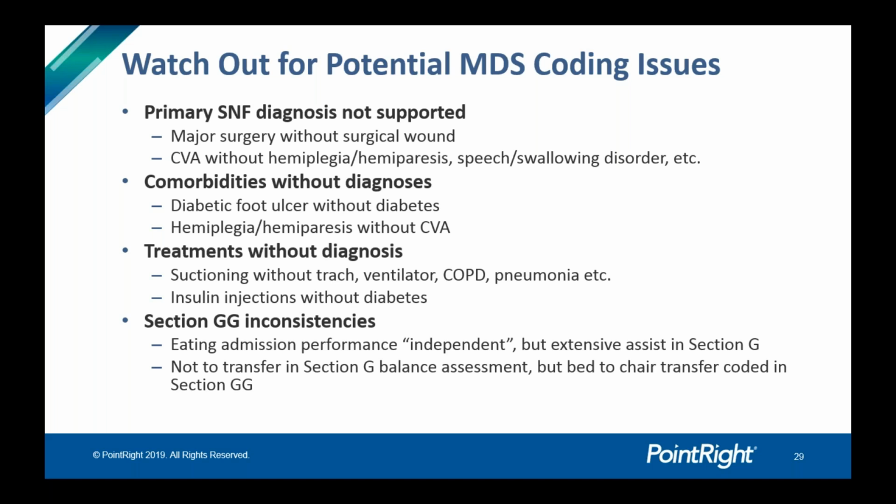And Section GG inconsistencies. So Section GG is very different from Section G. I'm not trying to equate the two one-to-one, but there's a lot of overlap. The time periods overlap, and there are some things that just simply could not happen. For example, total independence in one place and extensive assistance in another during the same time period. It just doesn't happen.